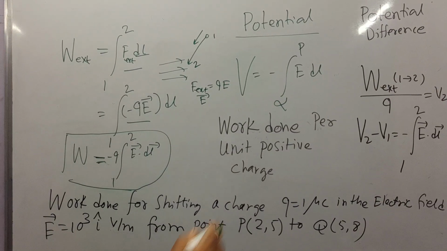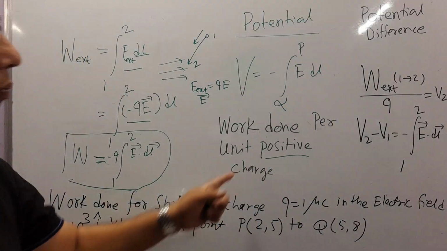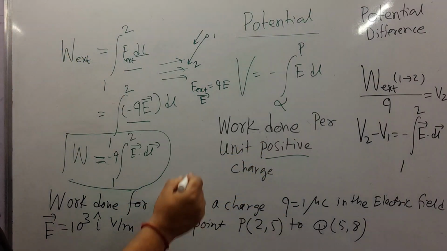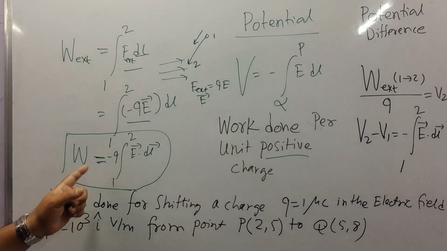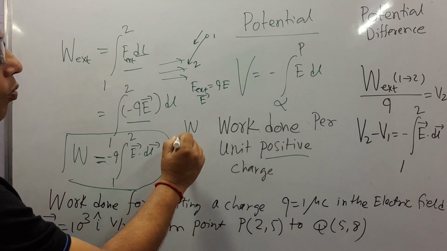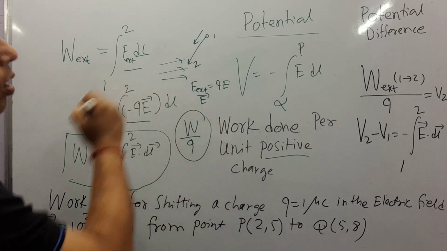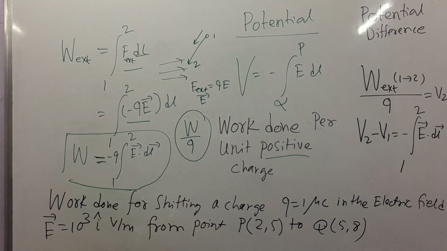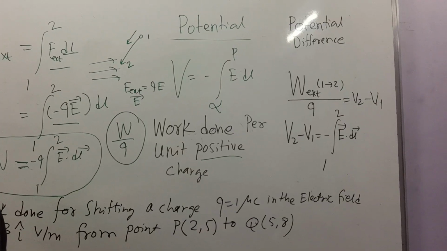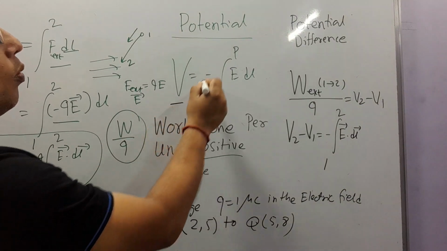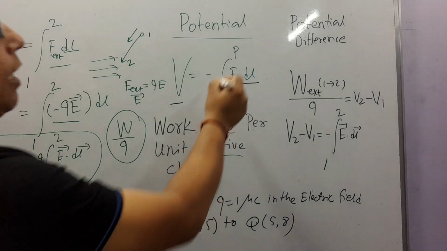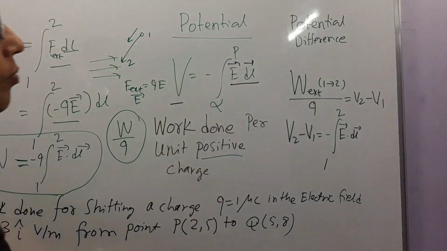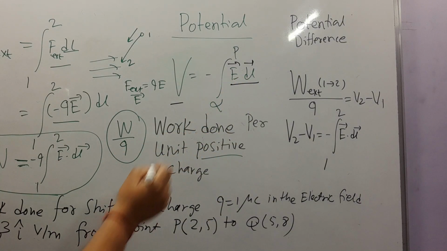Potential means work done per unit positive charge, that is W by Q. This is the electrostatic potential. So the formula of potential will be V is equal to minus integral of E dl, where E is the electric field and dl is the displacement vector, the change of position.